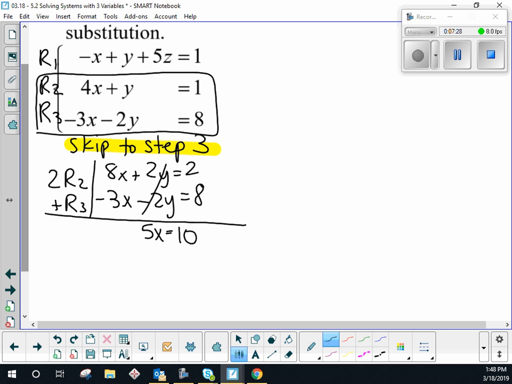What do I love about this equation? How many variables are in there? 1. I love that, because I can solve it, and there's no additional work for that variable. So divide both sides by 5, and we get x equals 2. I'm just going to circle this and leave it on ice for a bit.